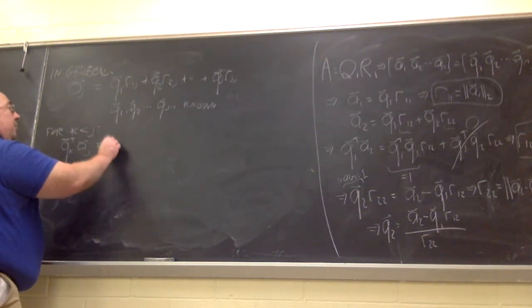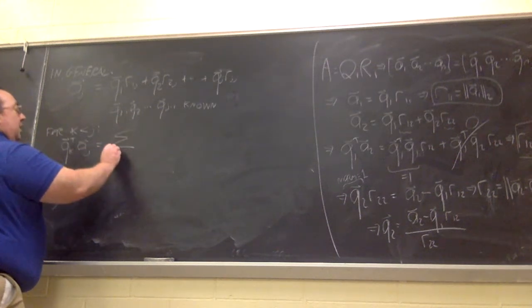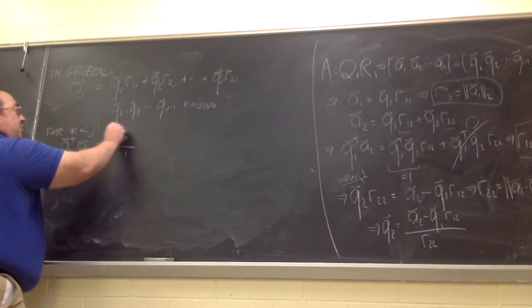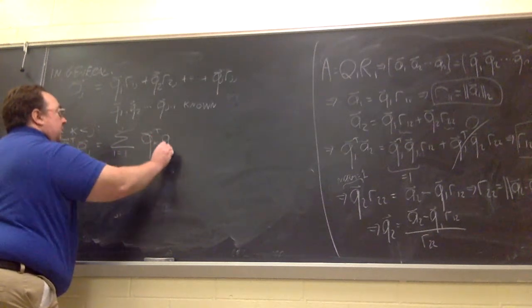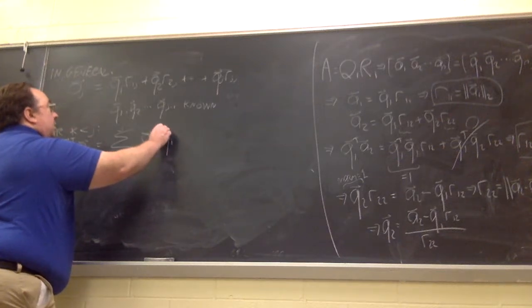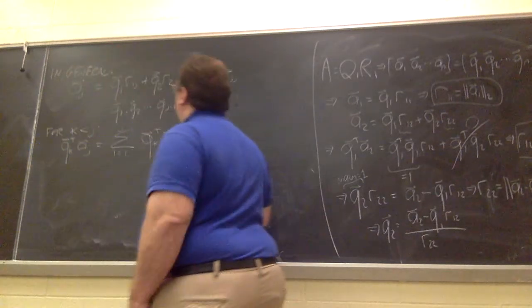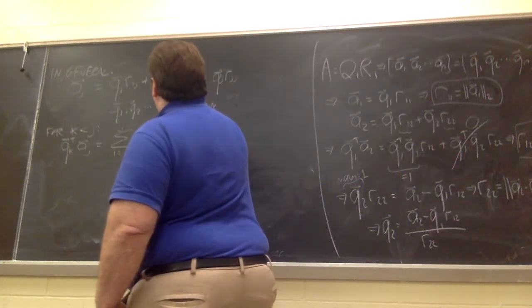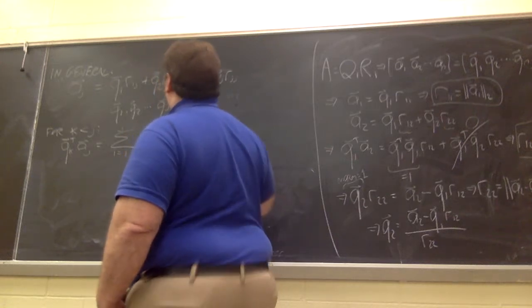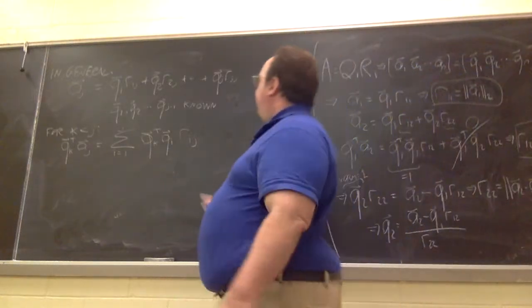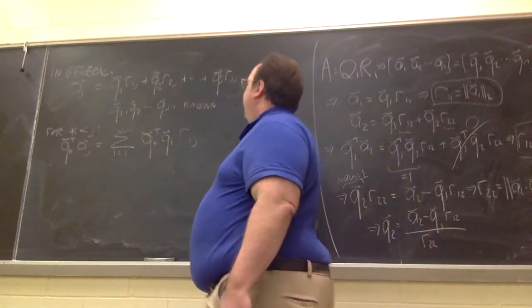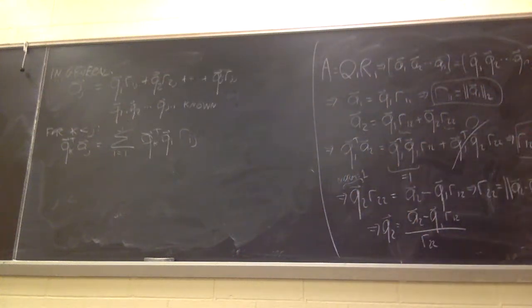So then I'll write this as a sum, I equals 1 to J of QK transpose QI RIJ. Okay. So all I did was take the dot product of both sides with QK, and I just expressed the right side as a summation because I'm lazy.